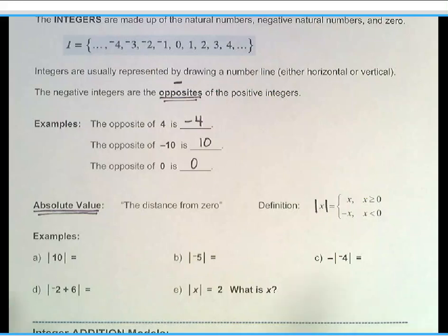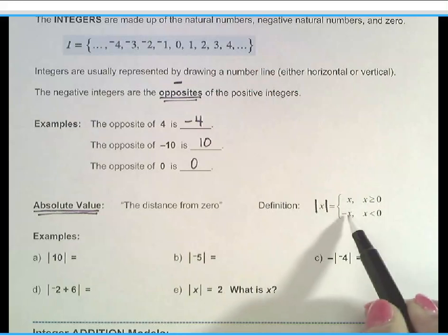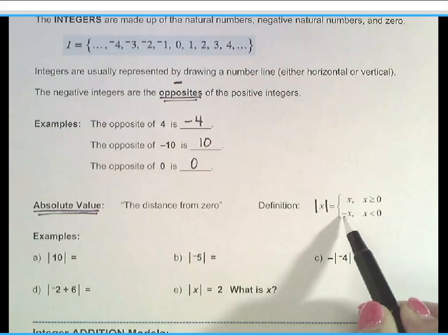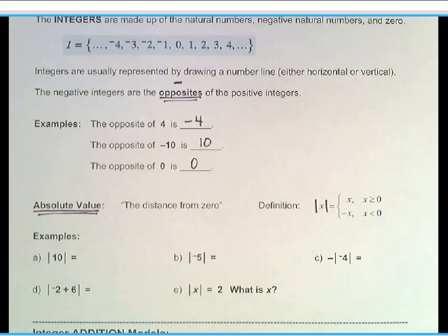And then when students see this definition, they don't understand how you could get a negative. But understand what this is saying is you're going to take the opposite of a negative number, and the opposite of a negative number is positive. So the definition really is saying it's the positive distance that the value is from 0. Just think about it that way.